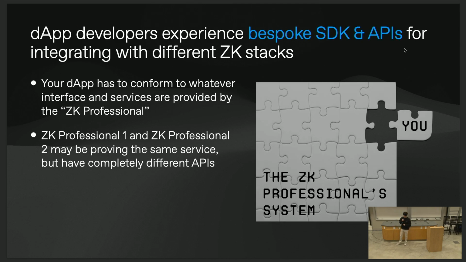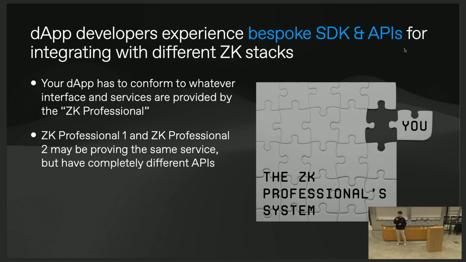The reason for this is that with the current way things are structured, when dApp developers want to use new ZK tools, they experience really bespoke SDKs and APIs for integrating with different ZK stacks.